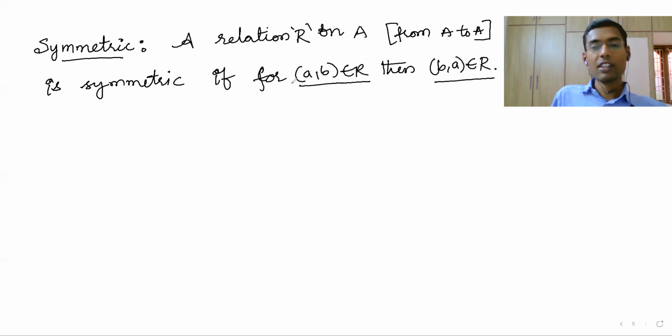Can you give an example? If at all (a, b) is there in R, then (b, a) must be there in R. So if (1,2) belongs to R, then (2,1) also must belong to R.